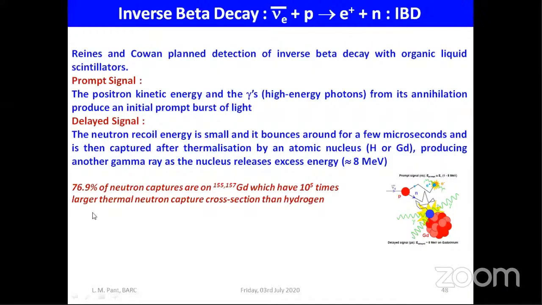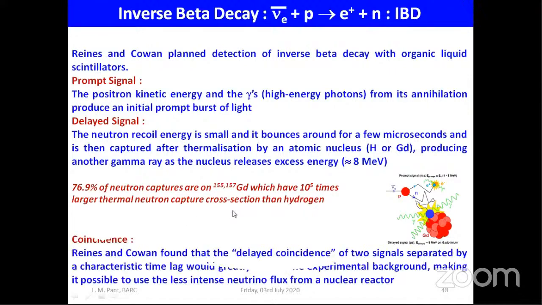About 76.9% of neutron captures are on gadolinium, which has about 10^5 times larger thermal neutron capture cross section than hydrogen. So a coincidence was set up. Reines and Cowan found that the delayed coincidence of the two signals, separated by a characteristic time lag, would greatly reduce the experimental background, making it possible to use the less intense neutrino flux from a nuclear reactor.